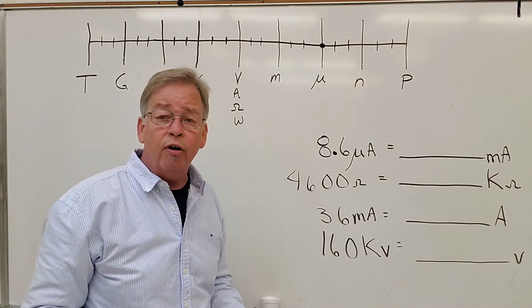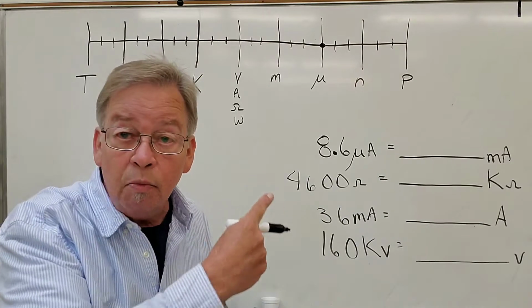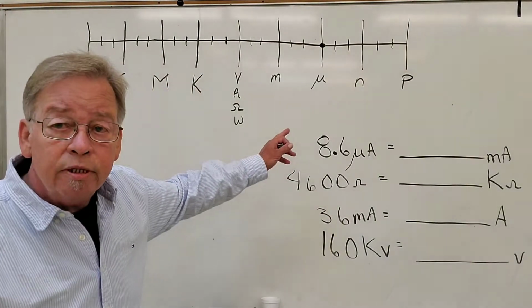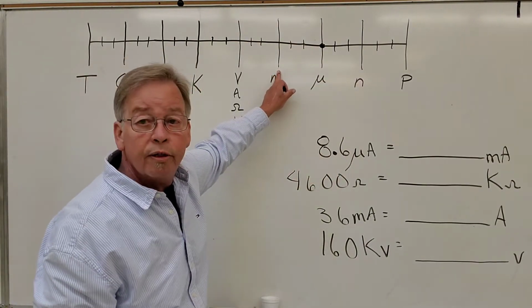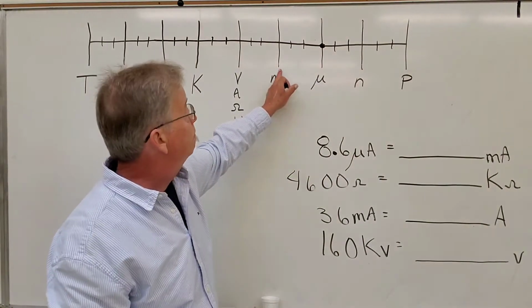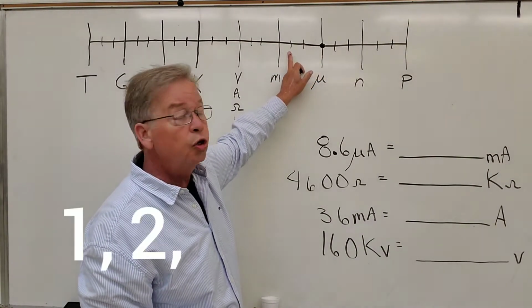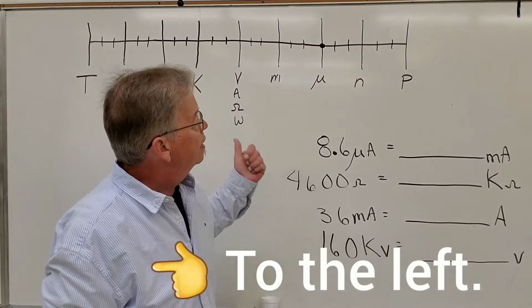Now I need to convert it over to milliamps. So I'm going to have to move the decimal point to the milliamp position. Now to get over here to the milli point, I'd have to move that decimal point 1, 2, 3 places to the left. 3 places to the left.